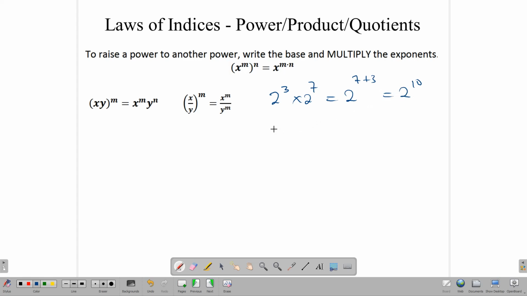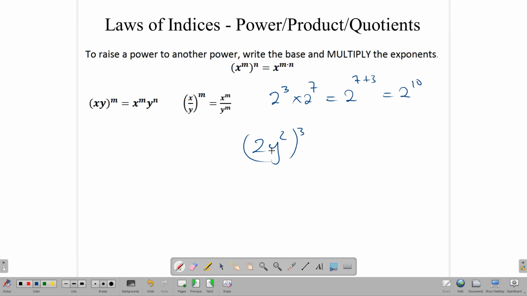What if we have instead 2y squared raised to the third? How do we deal with this? And this now is a product because we have 2 times y squared.